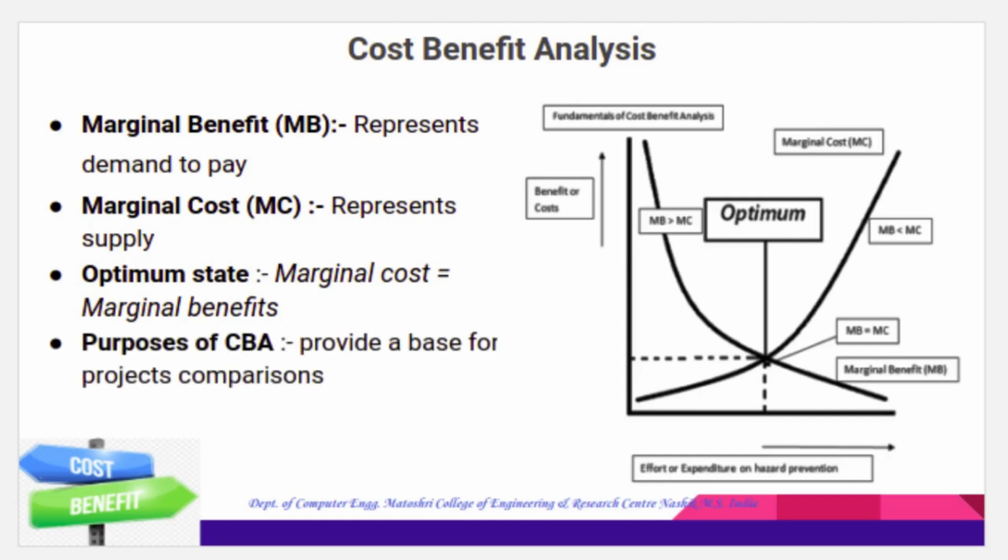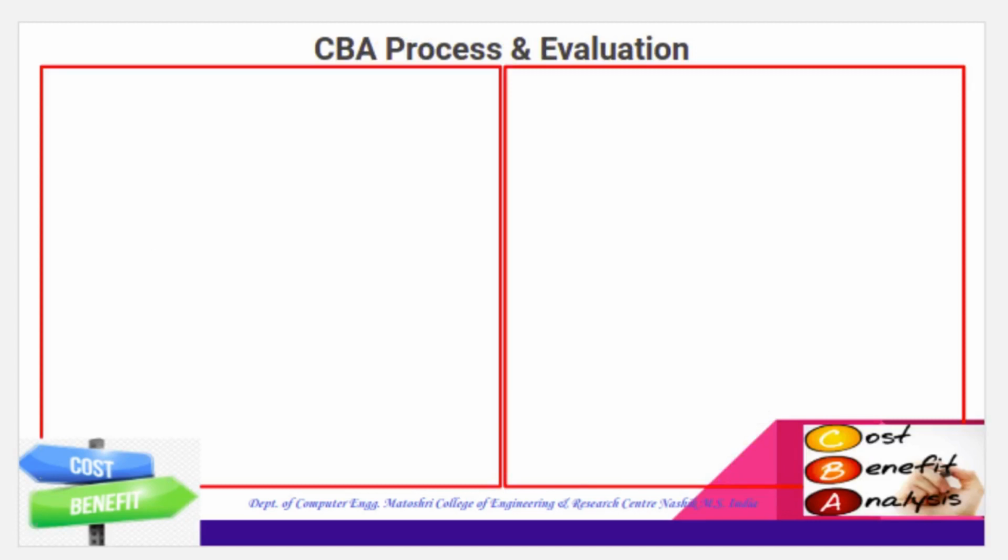The purpose of CBA is to determine whether the investment or decision is sound by giving justification or checking its feasibility. So next we will see the CBA process and evaluation.